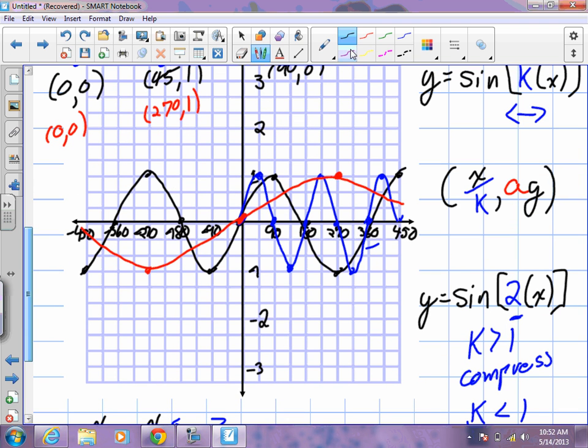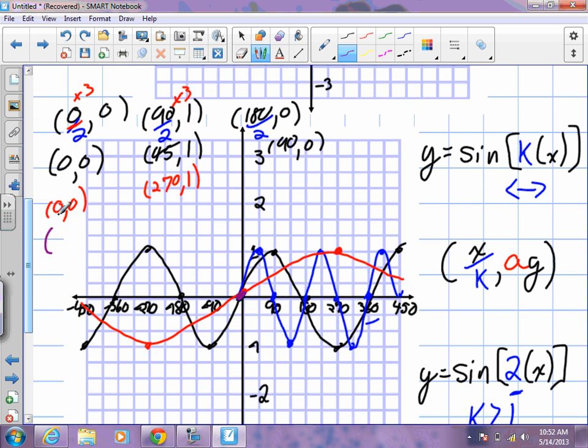So this, divided by -1, is just going to be 0 again. So this point stays. 90 divided by -1 is going to be -90. So our 1 value is now at -90. Okay? 180 divided by -1 is going to be -180.